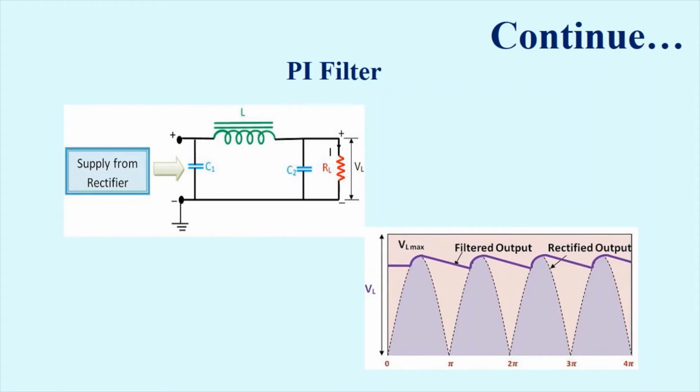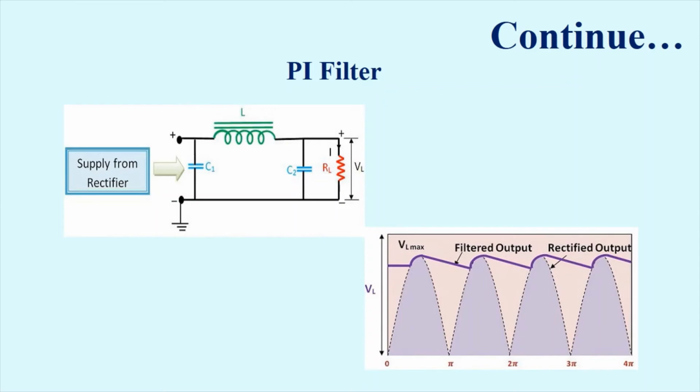If we get the AC plus DC components at the input of capacitor 1, then we know the property of a capacitor. A capacitor passes AC signal and blocks DC signal. So capacitor C1 passes the AC signal through to the ground and blocks the DC signal. So this DC signal will be passed through the inductor.